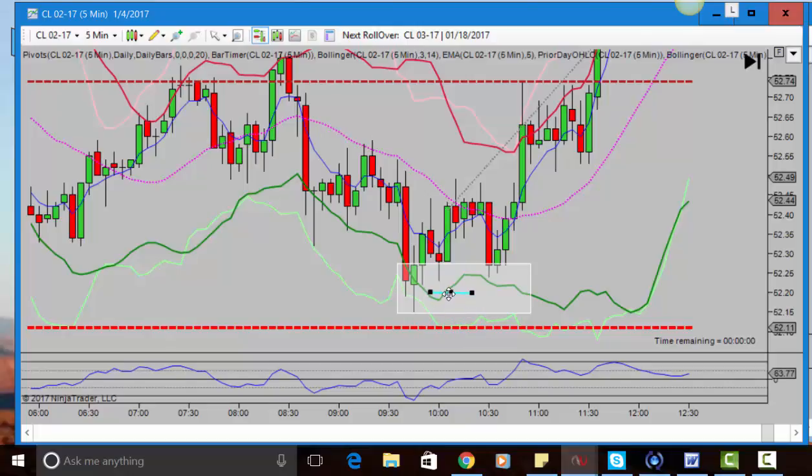But you could mainly put it right here at the -2 standard deviation Bollinger Band. And as you can see, once it did that, it retested this zone here. Retested that, but you didn't get taken out because the Bollinger Band saved you.